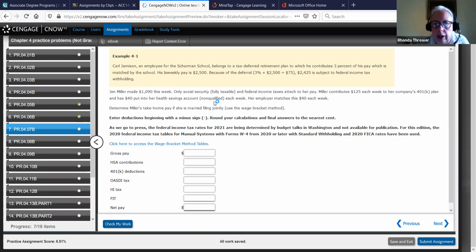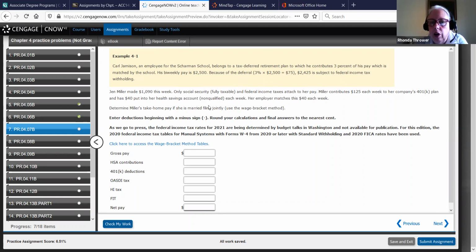It's non-qualified. And a health savings account is set up basically to help employees pay for deductibles, because insurance deductibles on healthcare plans are pretty expensive these days. So if you need some help in paying for that deductible amount, a way to do this is to set up a health savings account.